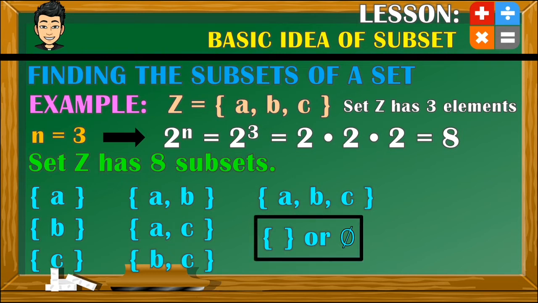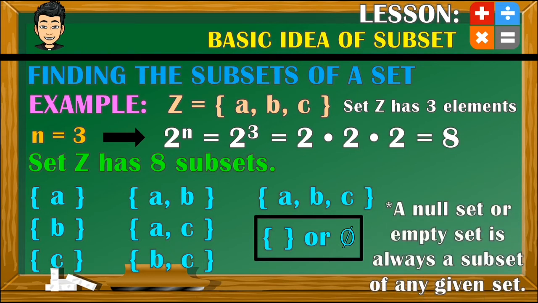Yes, that is correct. This is the null set or empty set. The null set or empty set is always a subset of any given set. If you count the subsets, we successfully determine the 8 subsets of set Z. This is how you list down all the subsets of any given set.